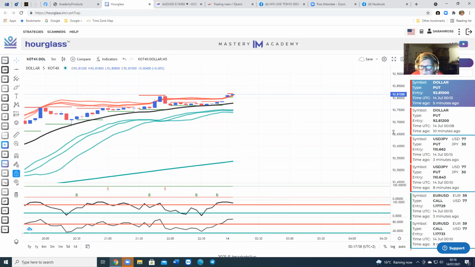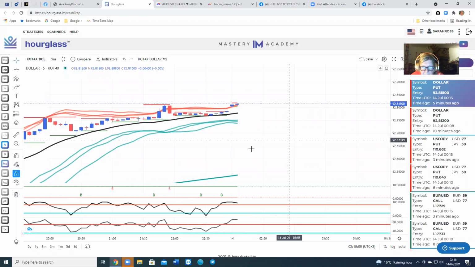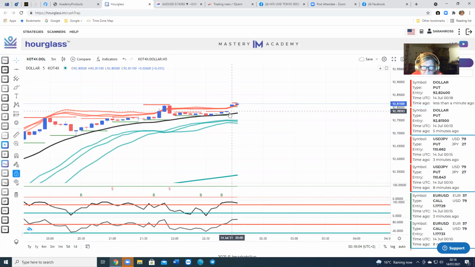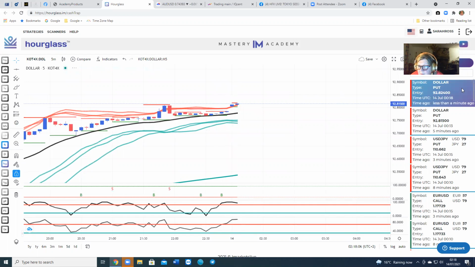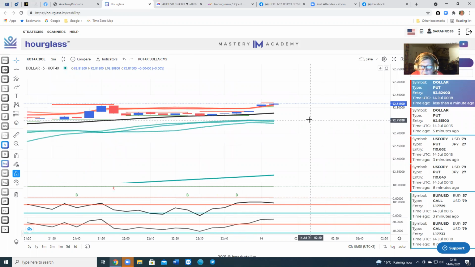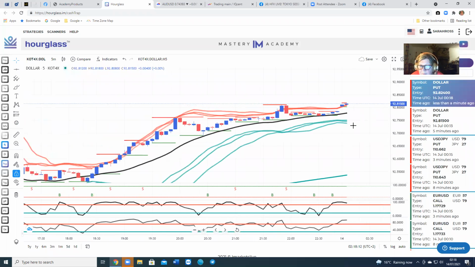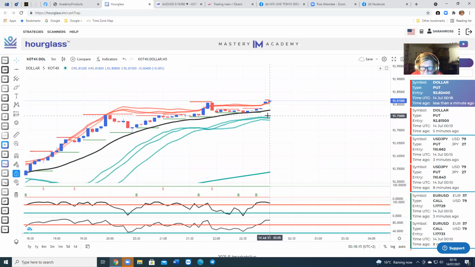We do want it to strengthen. And it is still pushing up. It says put, but it is buying, but the lines are pointing down. Our momentum indicator is still pointing down.